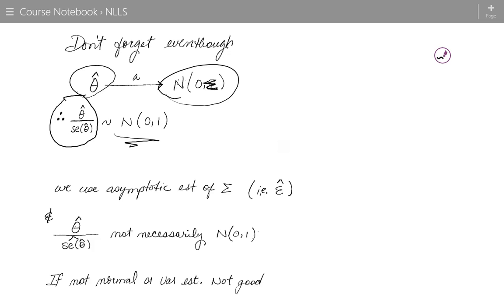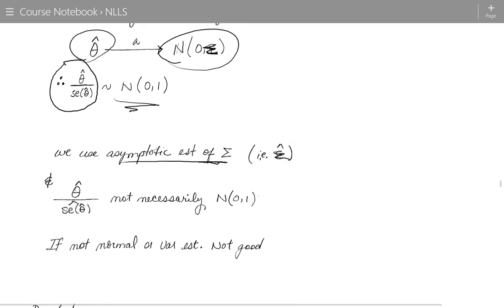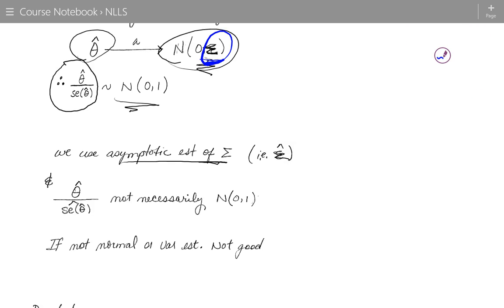We are using a consistent estimate of sigma and not the actual sigma, right? So we're not using the actual one up here. The asymptotics are based on the actual covariance. We are not. Think of it as a hat over the estimate.